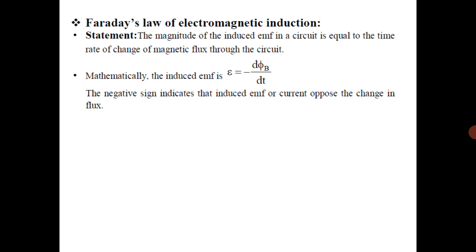Here phi is magnetic flux. It means the rate of change of magnetic flux. The negative sign indicates that induced EMF or current opposes the change in flux. The coil is opposing the change of flux. If you try to bring the magnet towards the coil, it opposes. If you try to take it back, it also opposes. It is always opposing. So because of that it is negative.